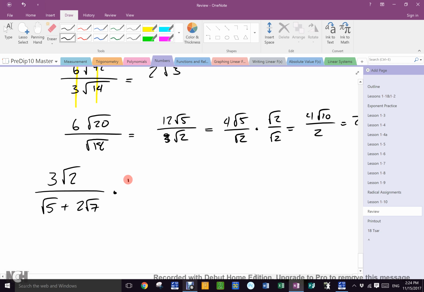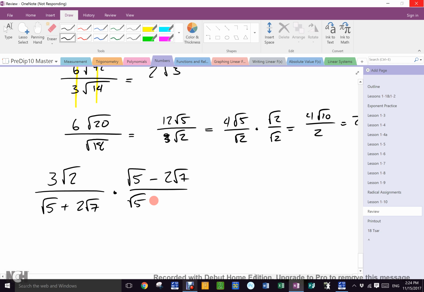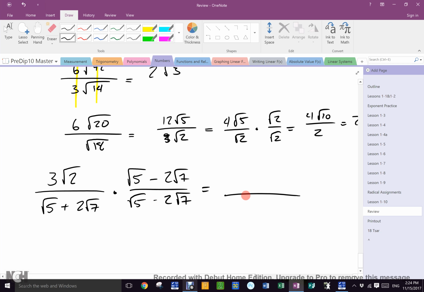Root 5 minus. What do I get on the bottom now? 5 minus. What's 2 times 2? 4. What's 7 times 7? 49. What's the root of 49? 7. What's 4 times 7? 28. So my denominator is negative 23.